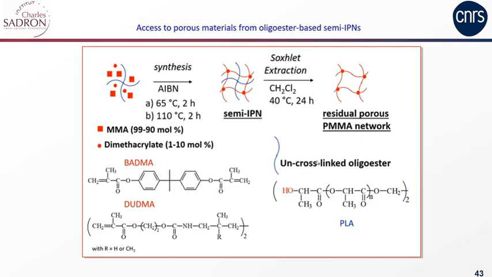And we remove the oligoester by Soxhlet extraction. Soxhlet extraction means that it's with continuous solvent, okay? It's a closed system in continuous solvent. So you wash the network continuously with a solvent, and you remove the uncross-linked oligoester. You generate the porous PMMA network.